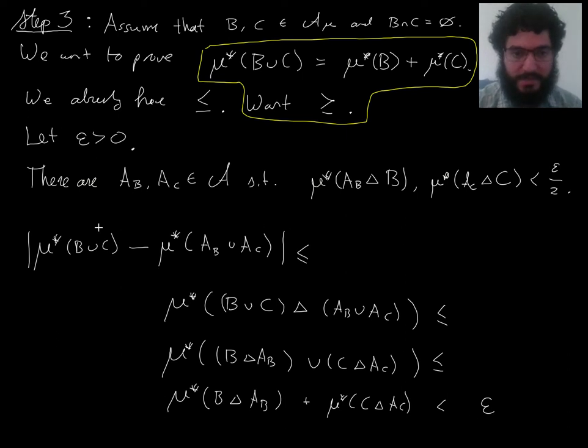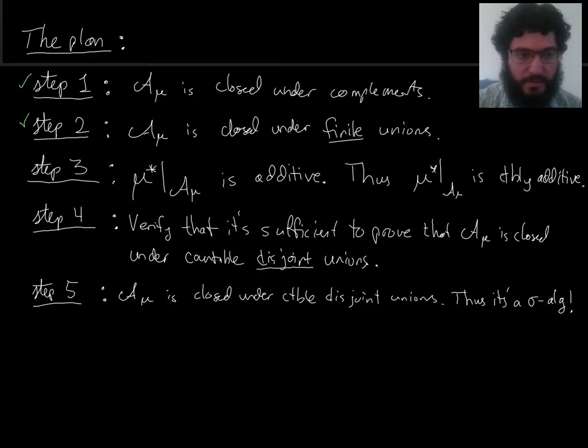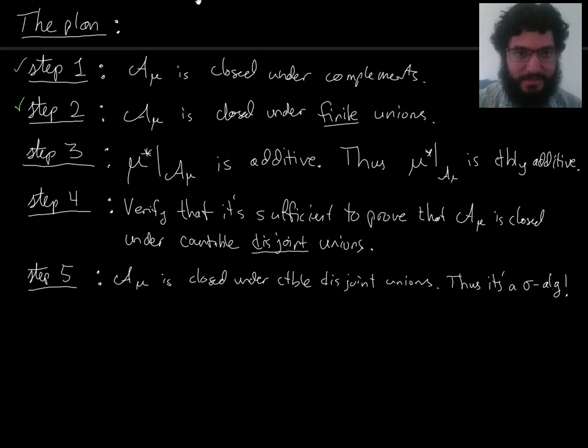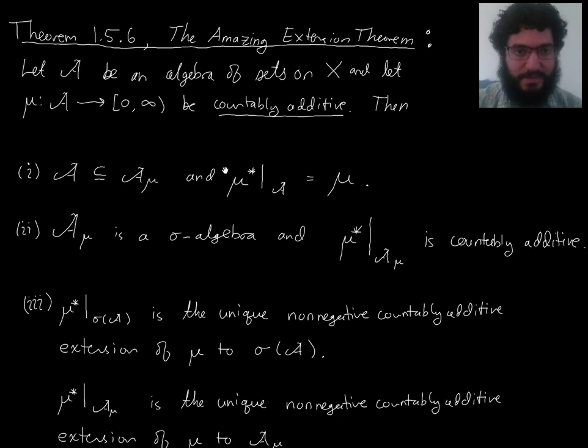So now I'm seeing exactly the cost of replacing outer measure of B union C with outer measure of AB union AC. And in fact, this one I don't have to view as an outer measure, right? Because remember, back in the original theorem, where is it? Here.